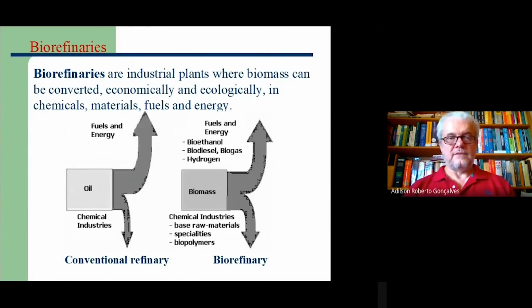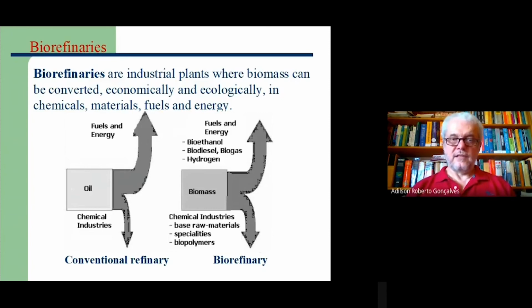First of all, it's clear to us that fossil-based energy and materials, petroleum, oil, coal, produce mainly fuels and energy, and a part of this material is used for the chemical industries. In comparison, with the biomass-based industry or the biorefinery, we have more of a 50 to 50 separation for energy and chemical industry utilization.